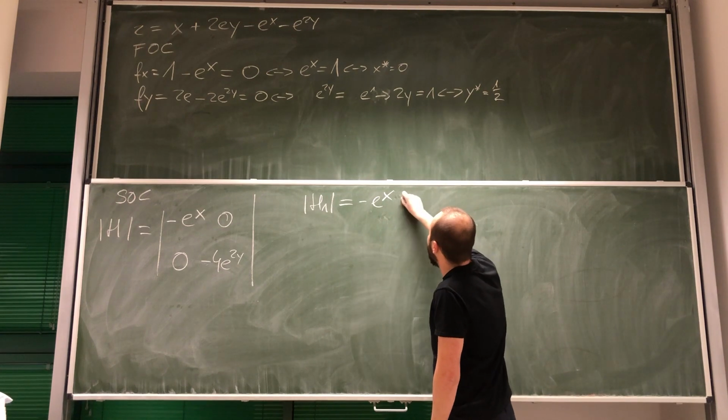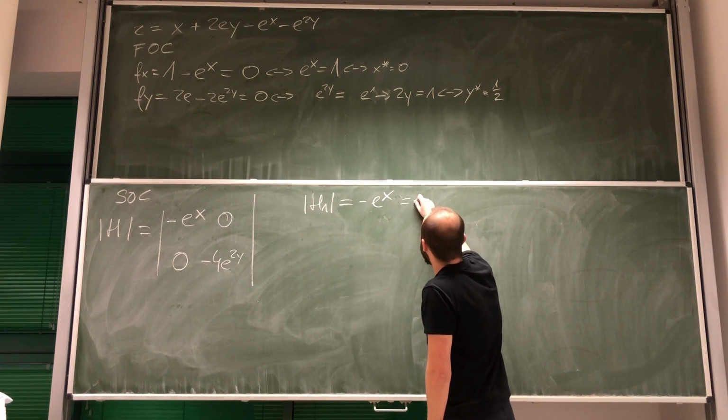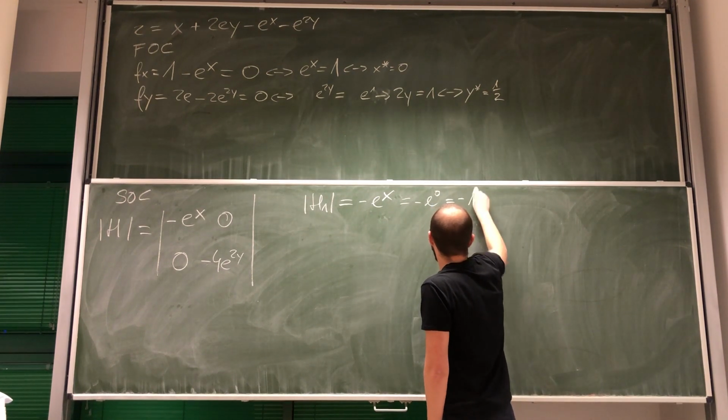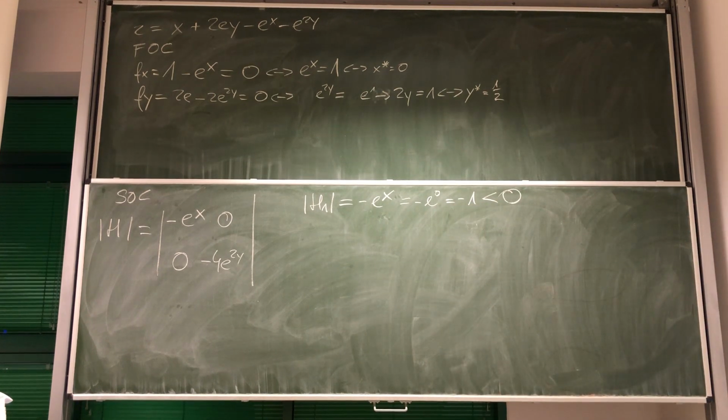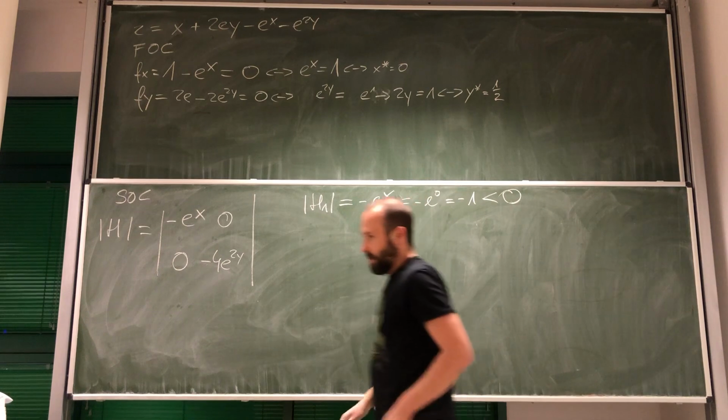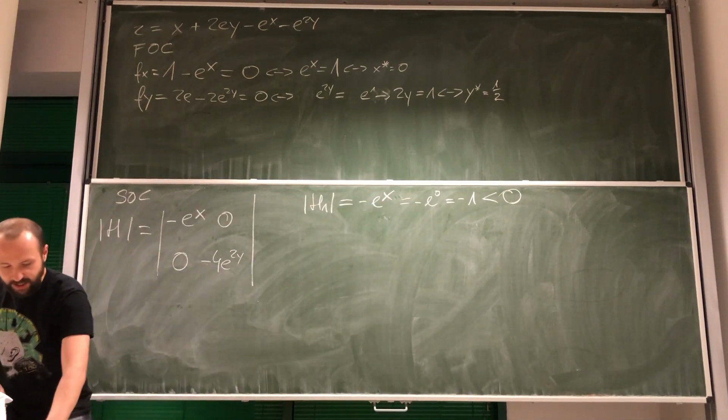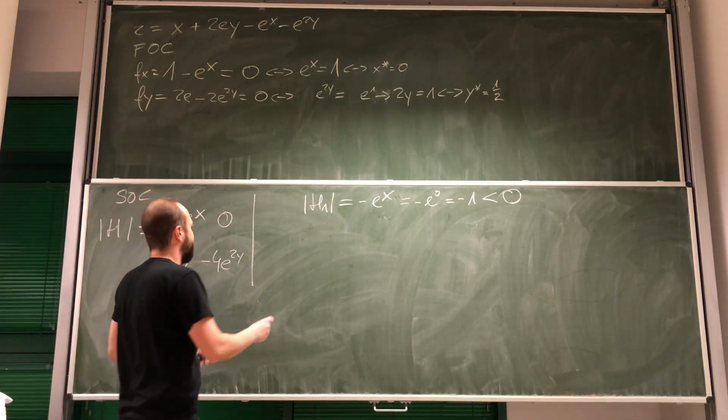But in our case, this is negative e to the power of 0, which is negative 1. Well, definitely lower than 0, right?